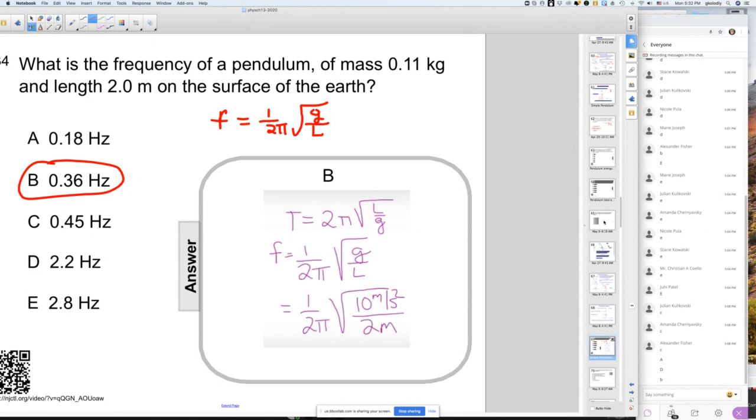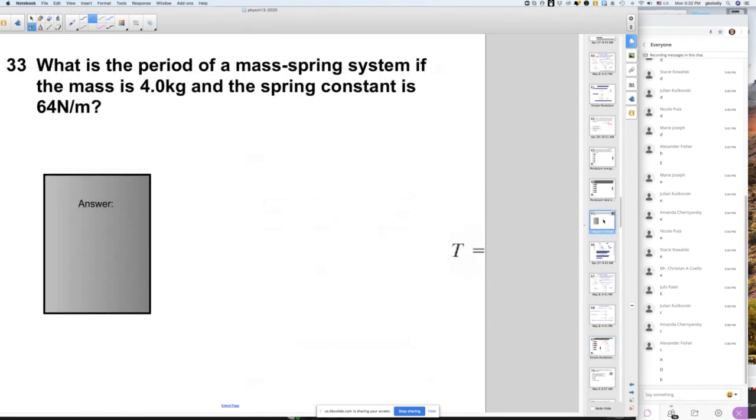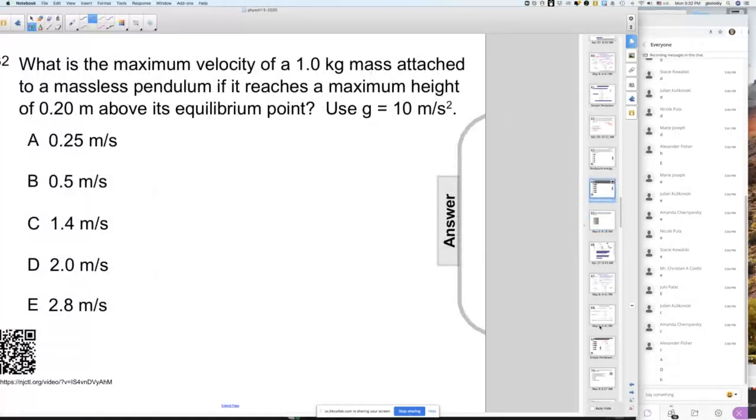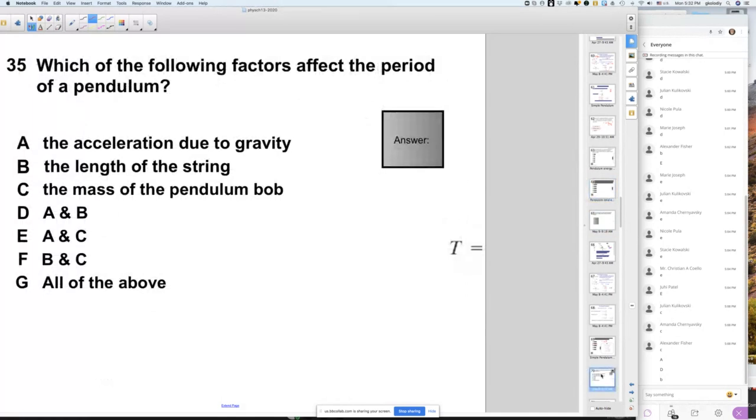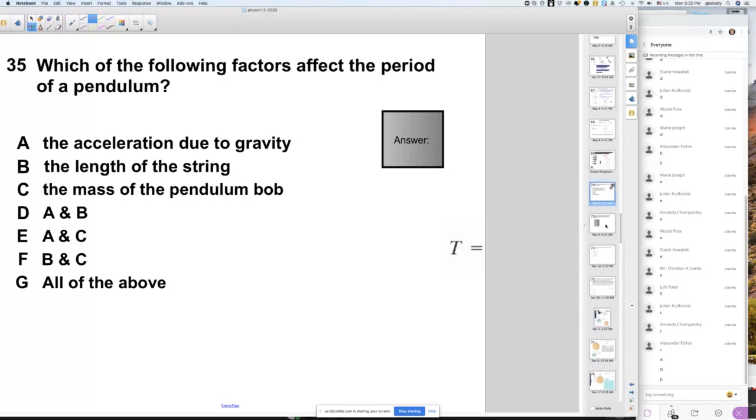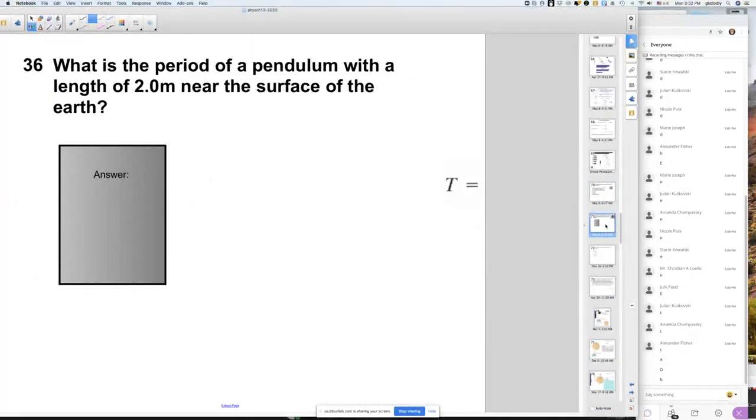Now, there was a problem I skipped that I think I want to do, but it must still be coming up. So let's do this one: what is the period of a pendulum with a length of 2 meters near the surface of the Earth? This is not multiple choice. This is the equation you're going to use.